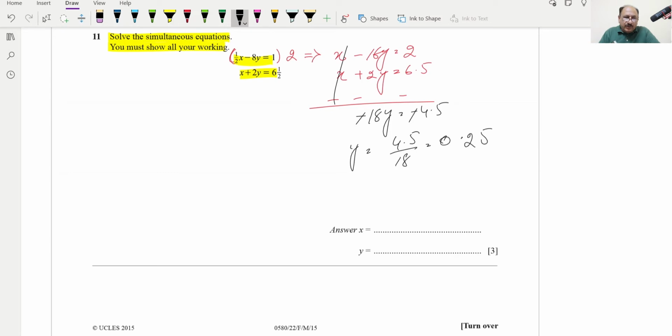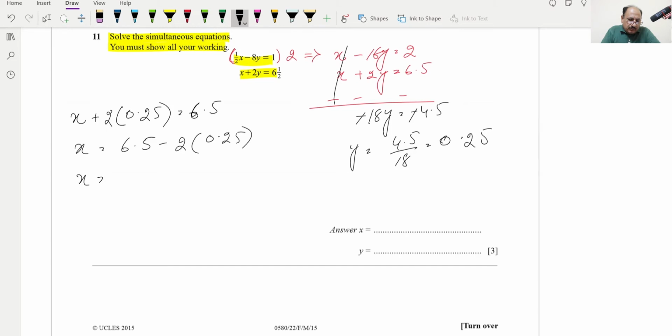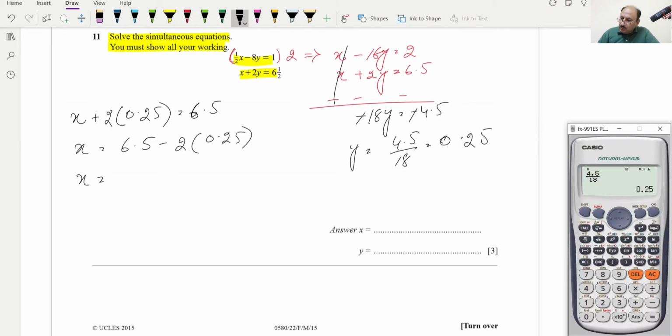So 0.25 is the y value, which we can replace in any of the original equations. I am replacing in the second equation. So x plus 2y, y value is 0.25, is equal to 6.5, which is 6 whole 1 by 2, and x will be equal to 6.5 minus 2 into 0.25, and this will be equal to 6.